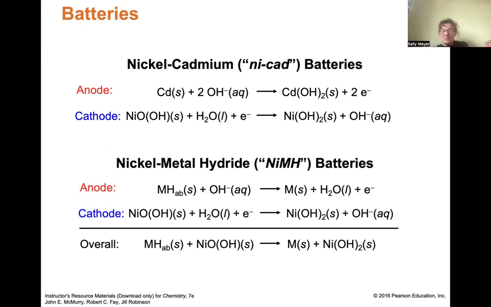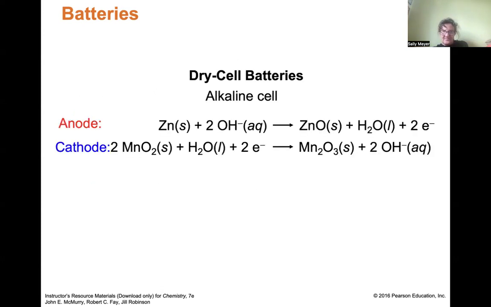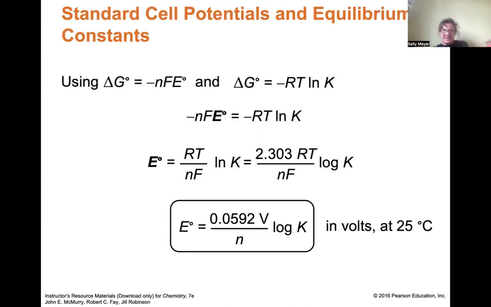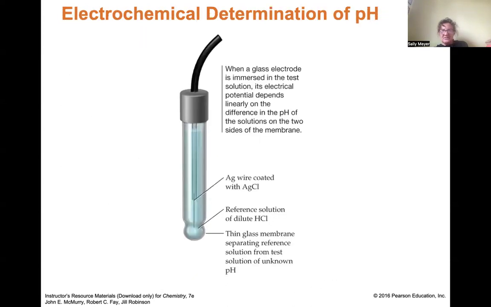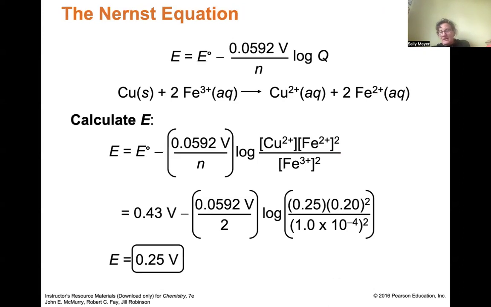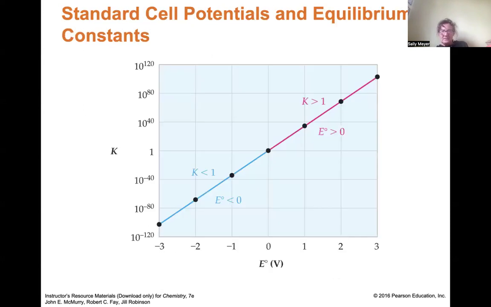As soon as you run out of one of the reactants, it stops. But before that, it stays constant. So if you look at that bottom overall reaction, it's all solids. And if you put those into the Nernst equation, into Q, that would just be 1, and it would stay constant until the chemistry changed and one of the solids was gone.